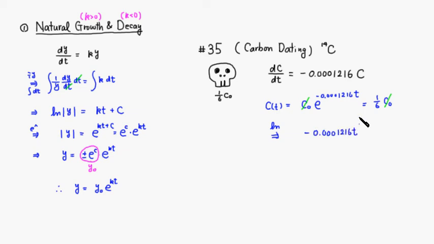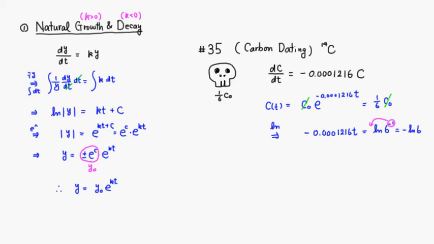So you're just going to get negative 0.0001216t equal to the natural log of 1/6, which is the same thing as 6 to the negative 1 power. If you have a power here, we can put it in front, so this is the same thing as negative natural log of 6.